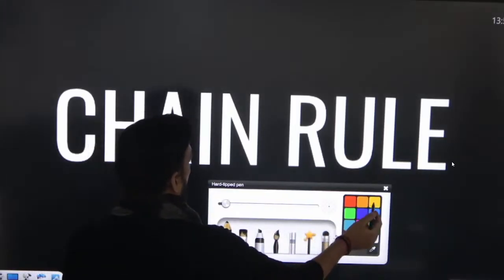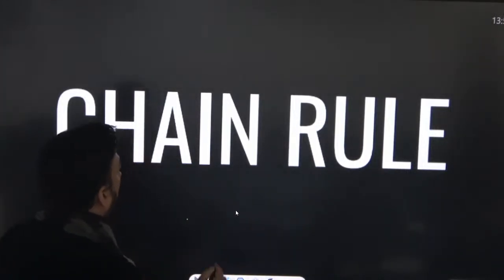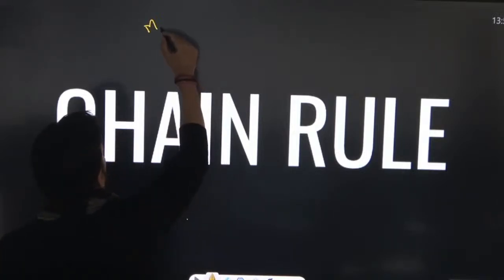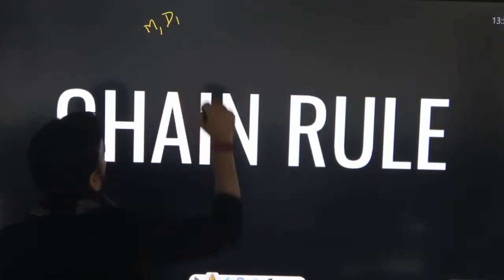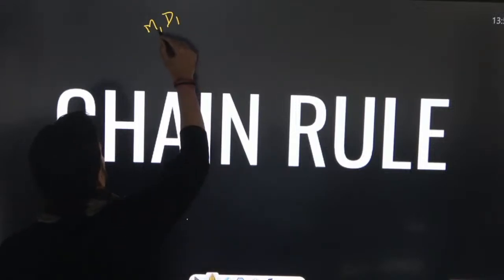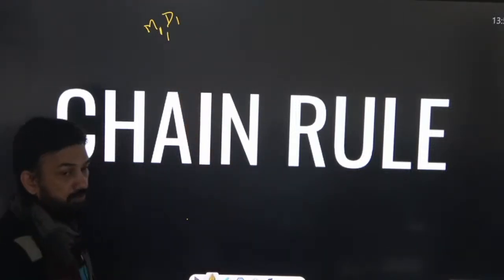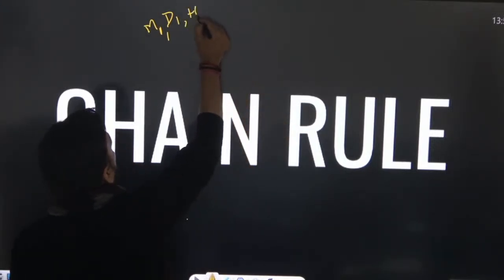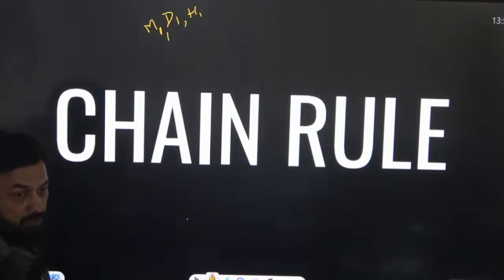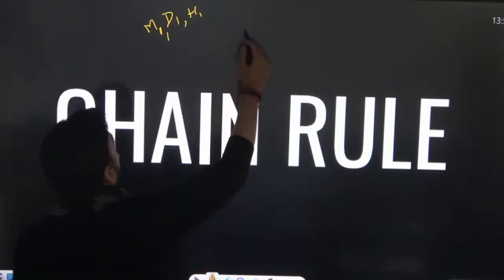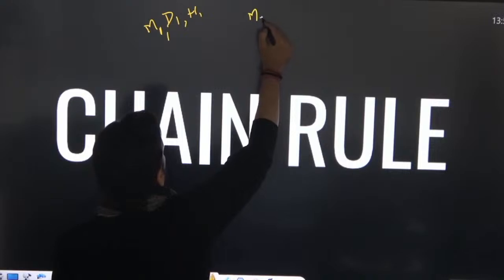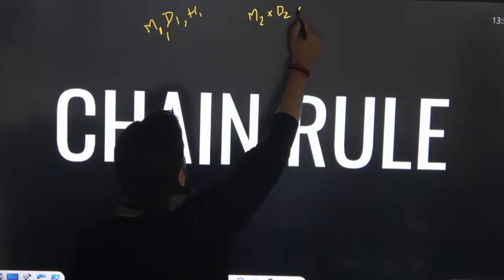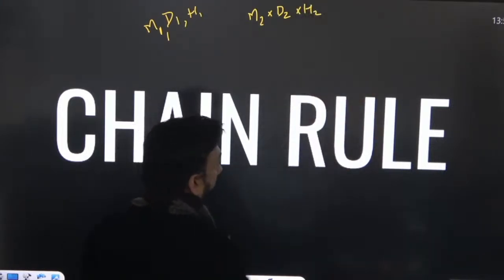In this, you have to remember one formula. Suppose M1 men are there, they are working D1 days, and daily they are working H number of hours, and they are completing some work. The same work is done by M2 men. They are working D2 days, working daily H number of hours.